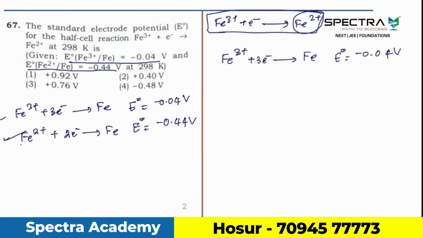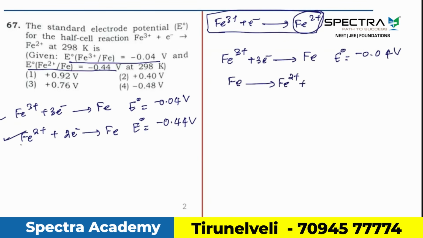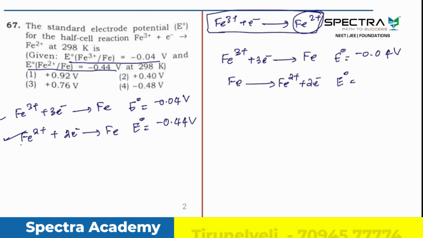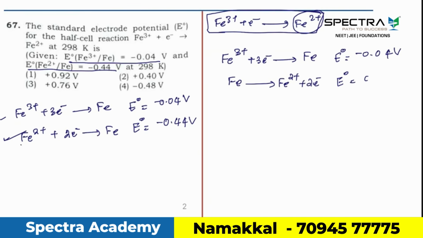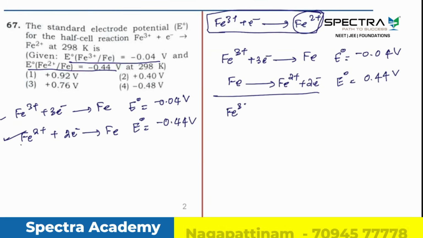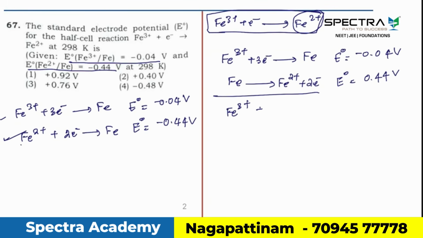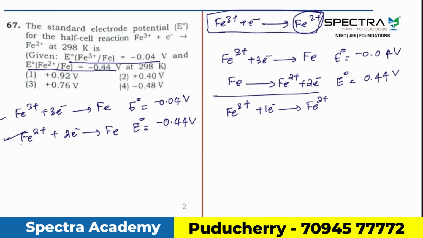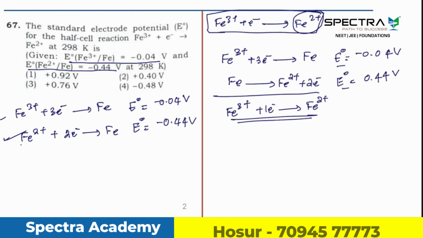When you reverse the second reaction, it will be Fe gives Fe2+ plus 2 electrons. Now it became the oxidation. The oxidation potential of this reaction will be plus 0.44 volt. Now when you add these two reactions, you will get the required reaction, that is Fe3+ plus 1 electron gives Fe2+. But we cannot add this reduction potential or electrode potential value.